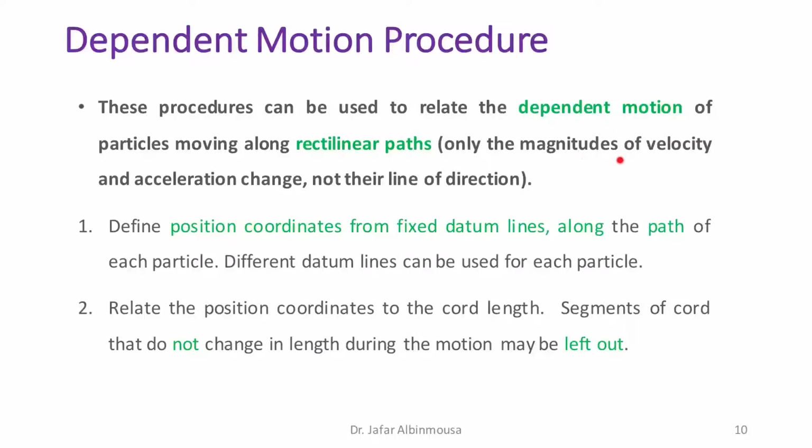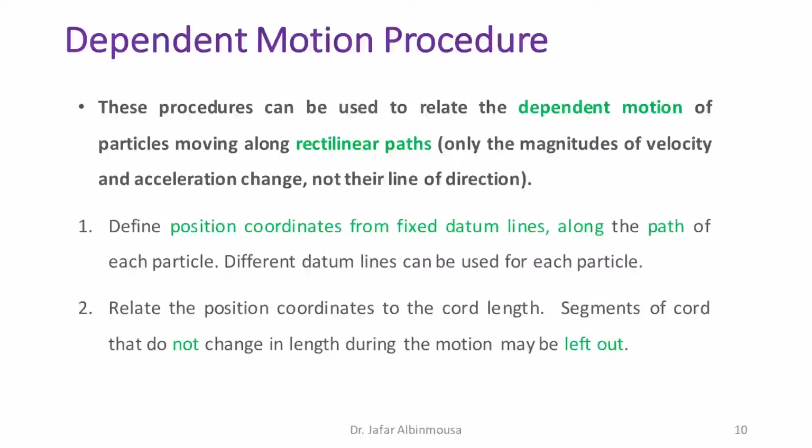Only the magnitudes of velocities and accelerations change, not their line of action, which means that their magnitude changes along that straight line, whether left or right, but there is no rotation, no other thing. There is no curvilinear motion, in other words.